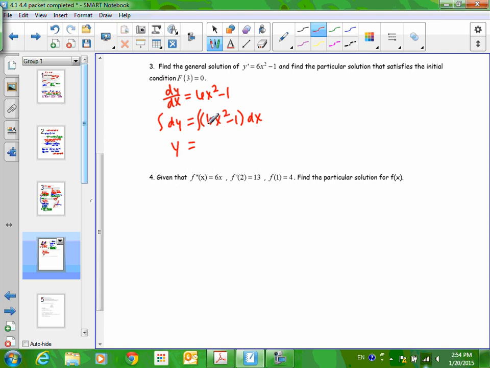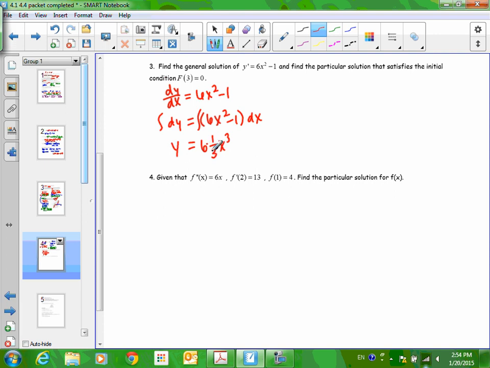If you're struggling with what is the antiderivative of 6x squared, let me remind you of the way that we did this when we started out. We wrote 6, we left a space, we wrote x, we said, hey, add 1 to the power and write the reciprocal in front. So this 6 times a third, what did that turn out to be? 2.